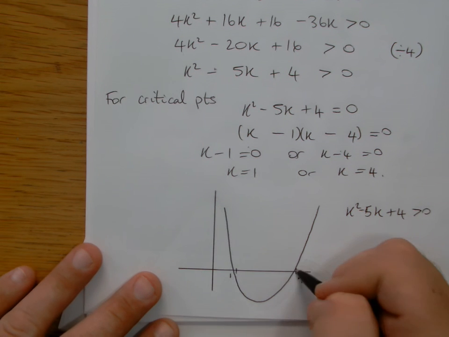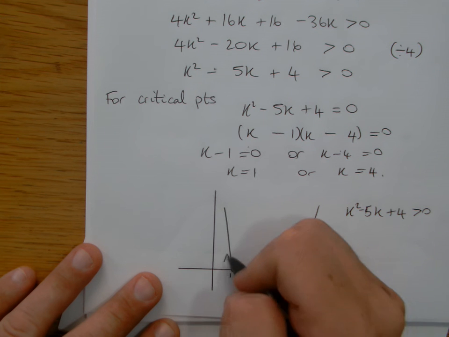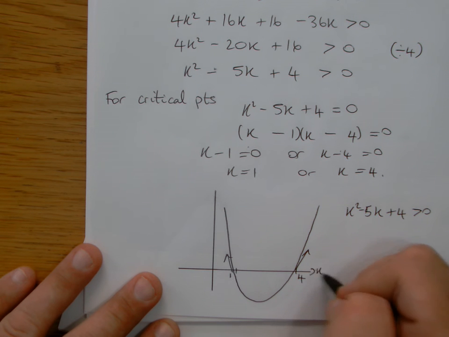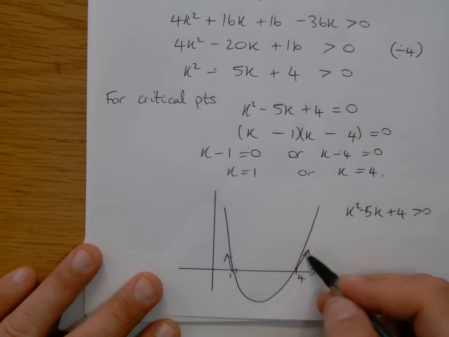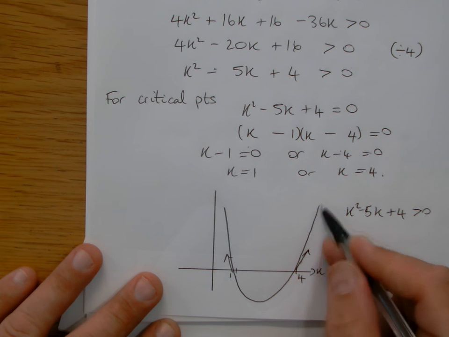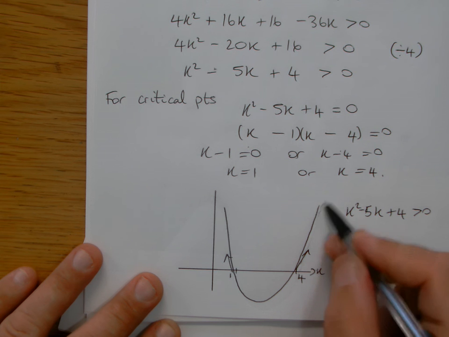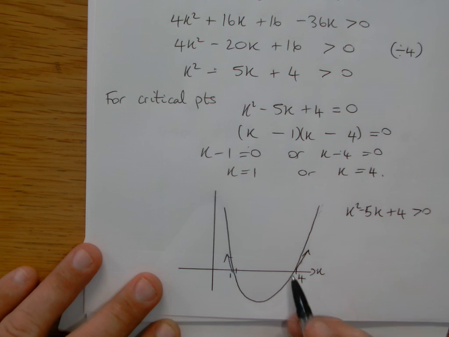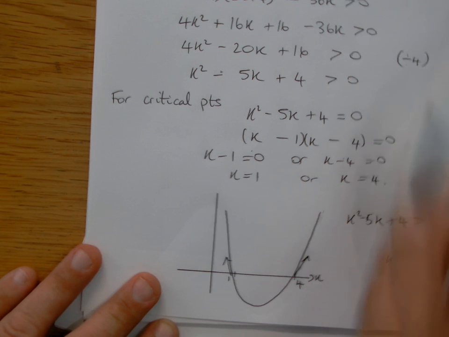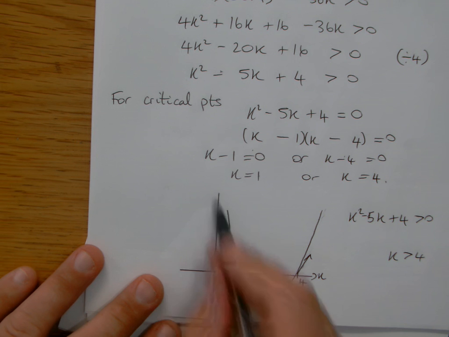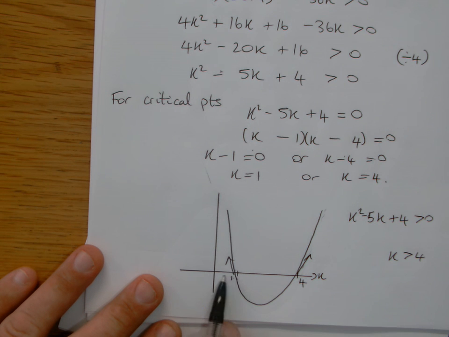So where it's positive, of course, is above the axis here. The k-axis in this case, it's above it, isn't it? So the curve above is in this region here, and it just keeps on going forever. So as long as k is greater than 4, essentially all the values of k greater than 4 produce a positive graph, and it also produces a positive graph here when k is less than this number.